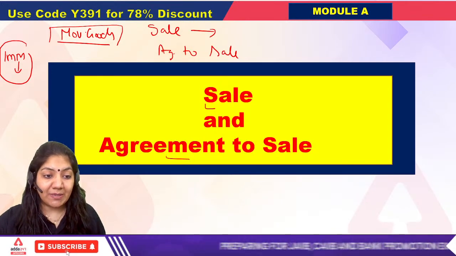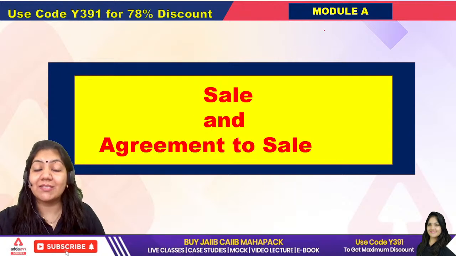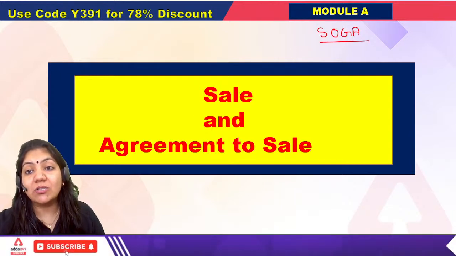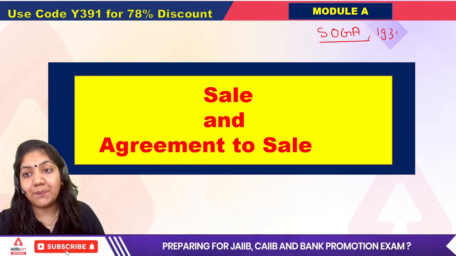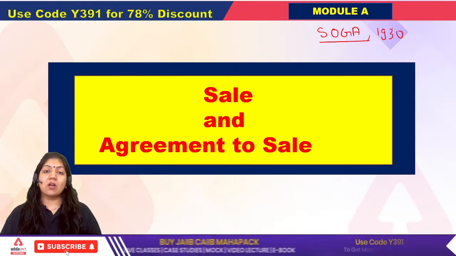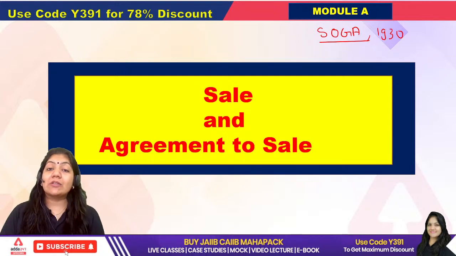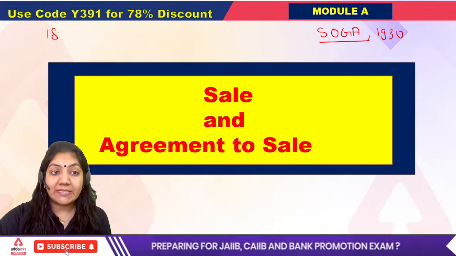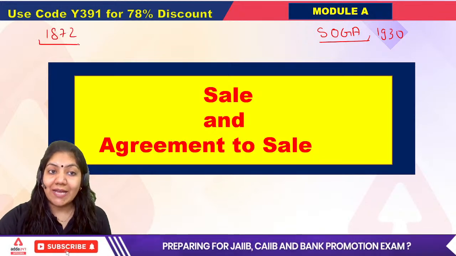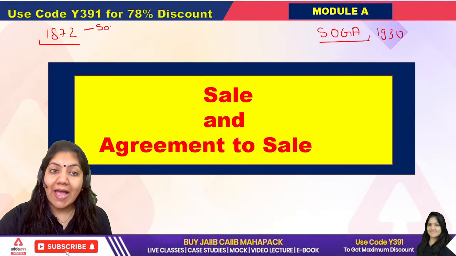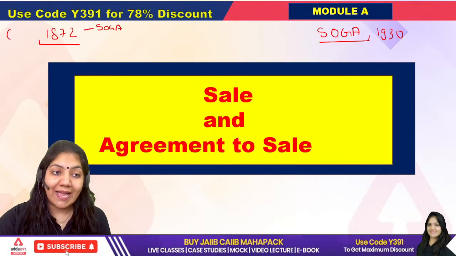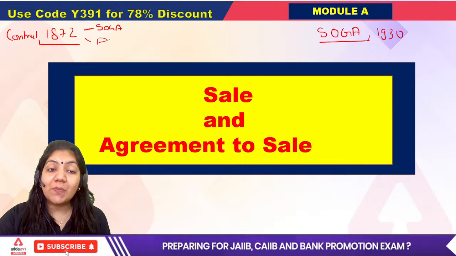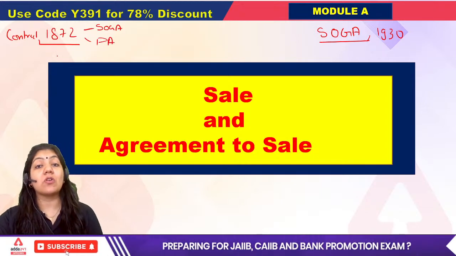This particular topic is contained in the SOGA Act, which means the Sale of Goods Act, 1930. The Indian Contract Act is of 1872. At that time, the Sale of Goods Act was part of the Contract Act, and your Partnership Act was also part of the Contract Act.